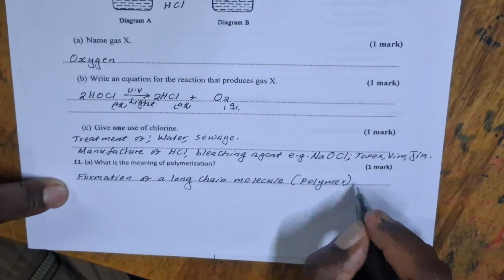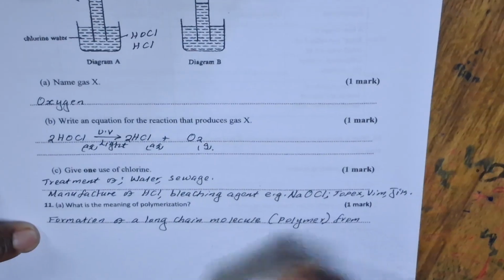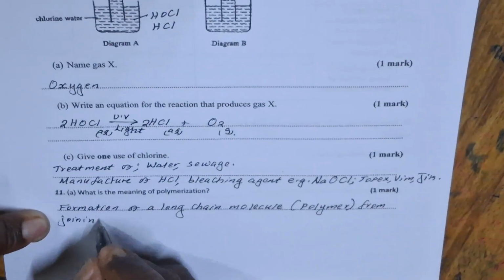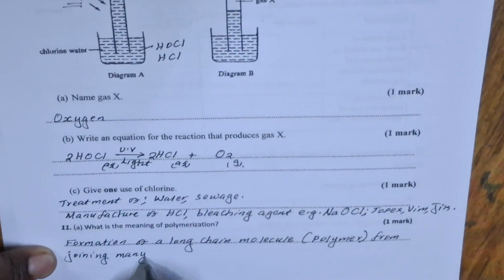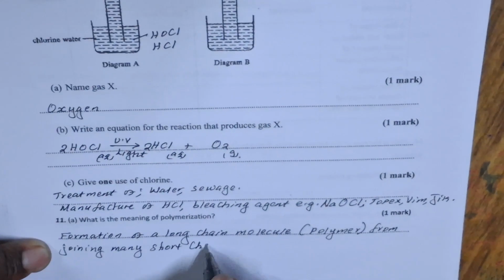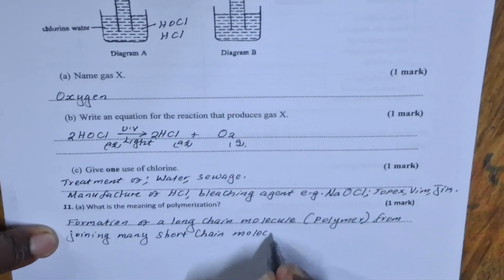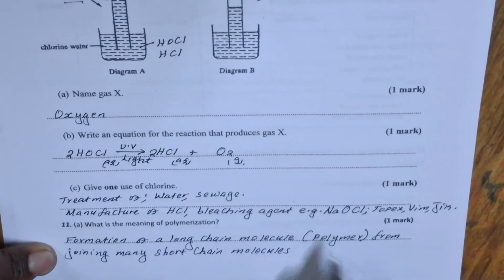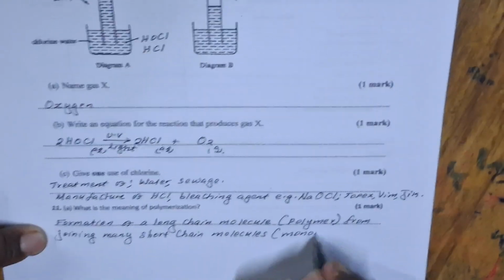A polymer forms from joining many short chain molecules. The short chain molecules are known as monomers.